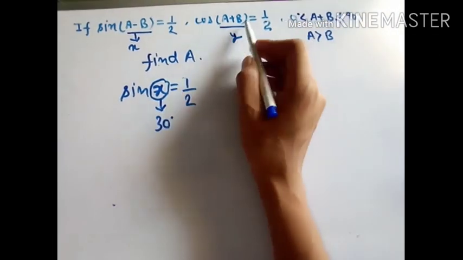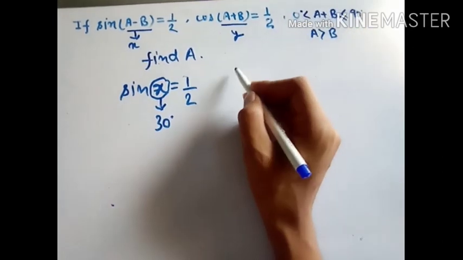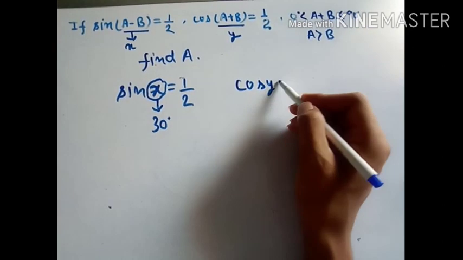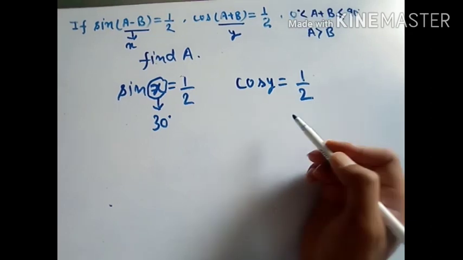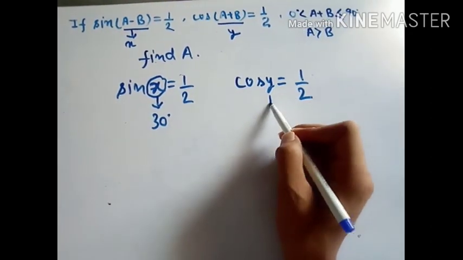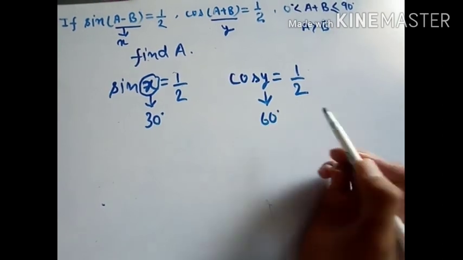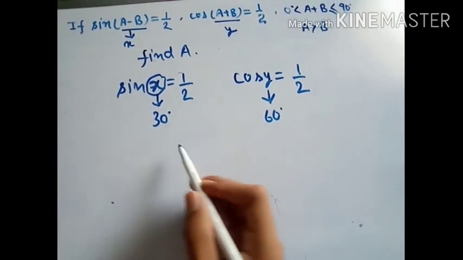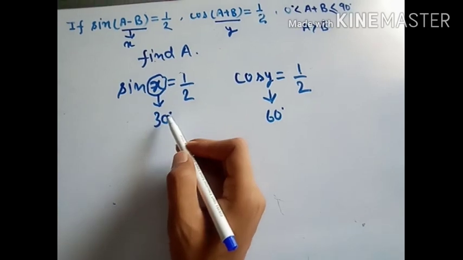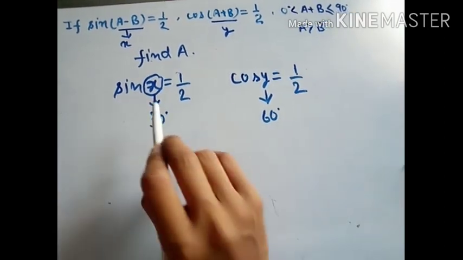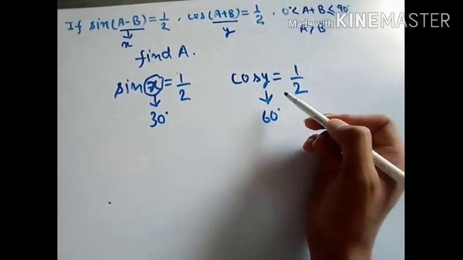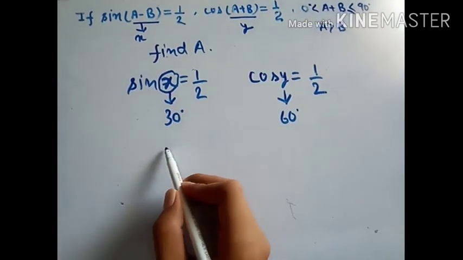And cos a plus b is equal to 1 by 2 means cos y is equal to 1 by 2 when the value of y is how many degree? Yes, exactly 60 degree. So now 30 degree and 60 degree, the value of x and the value of y, you have got this.